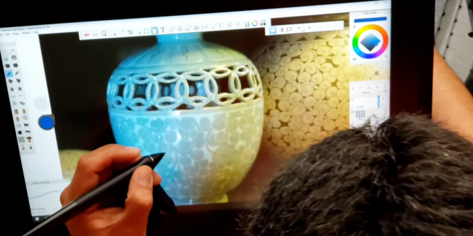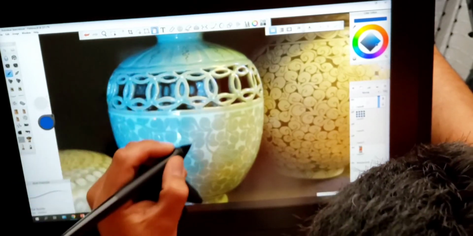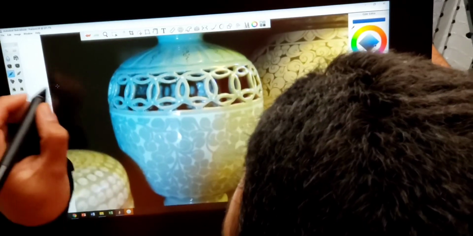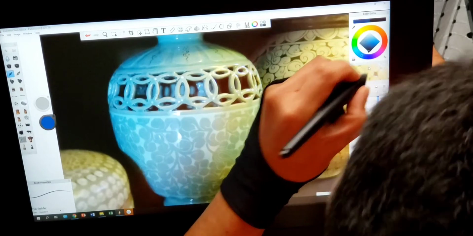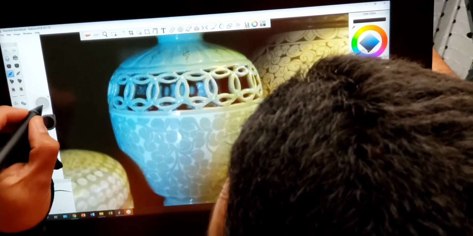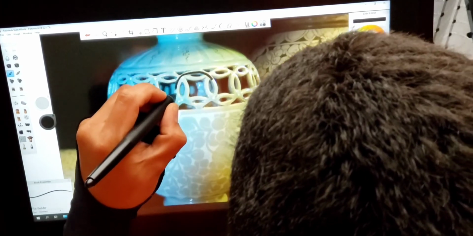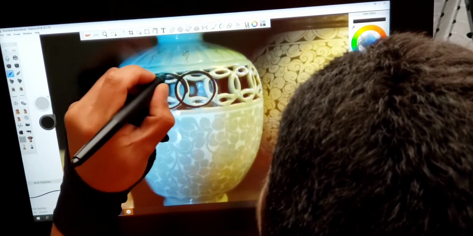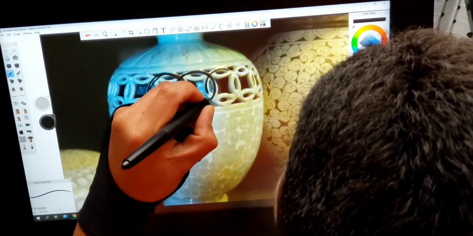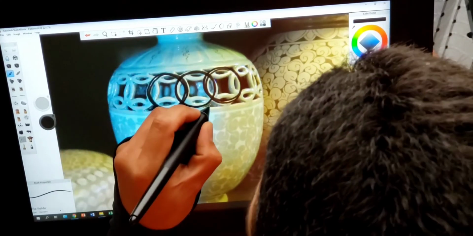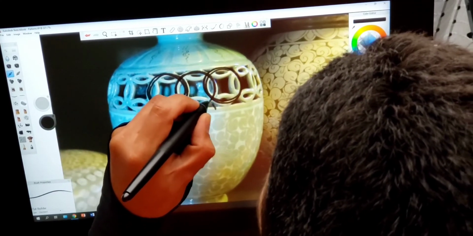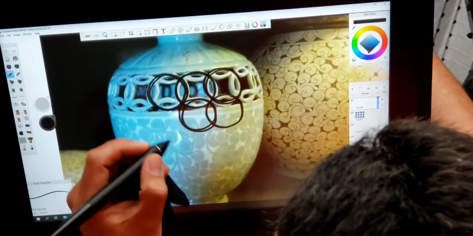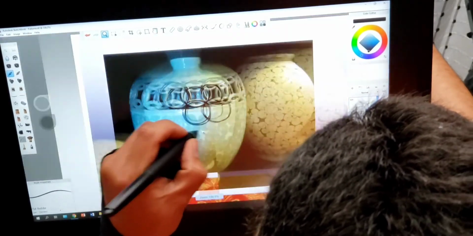Over here, we're going to see a pattern that basically is circles all together. So if I draw over this, I'm going to see, let's put this to black, how over here we have circles, then another circle around here, another circle around here, then over here we would see another circle under this one, then another circle under this one, and they will all make this pattern over here.